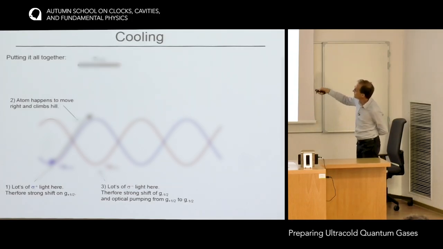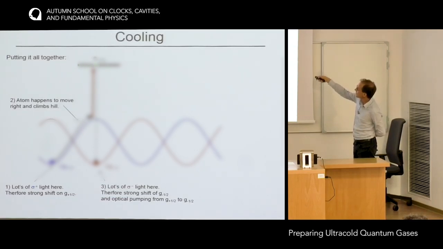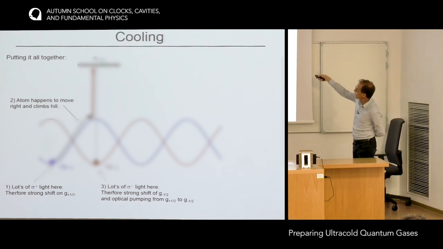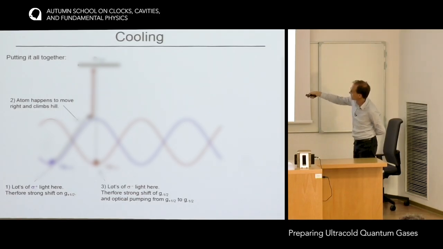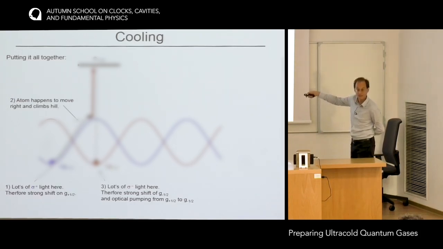So from here, what will very soon happen is that the photon will be absorbed and the atom will then be optically pumped. Now this is wrong, this should be plus 1/2 here. And it has a decent chance of decaying down to the minus 1/2 state.